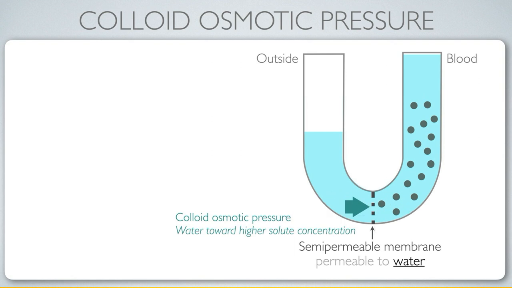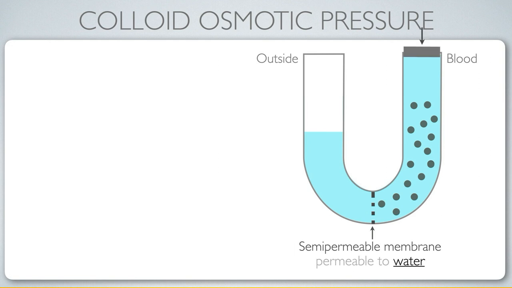And the difference of the hydrostatic pressure is important because it's reflecting, in this case, the balance against the colloid osmotic pressure. Now, we can also exert a pressure on one side. So if we do that on the right, then we're going to add a little plunger here.